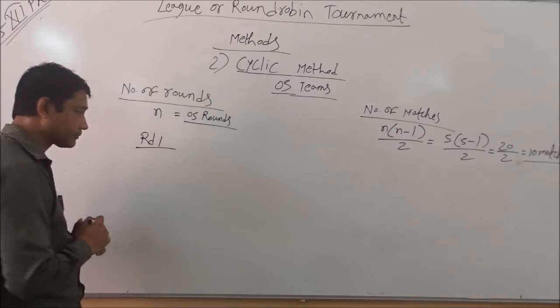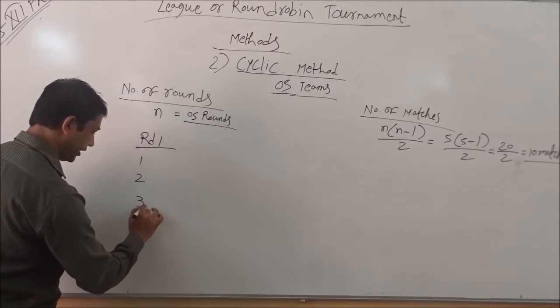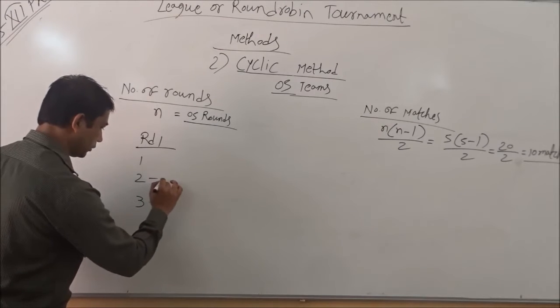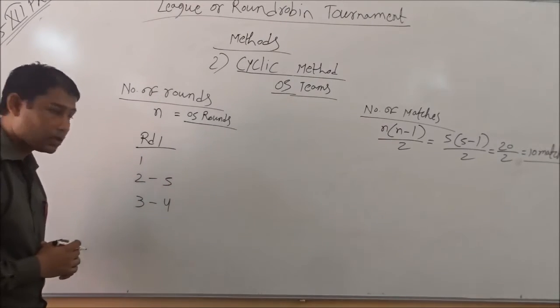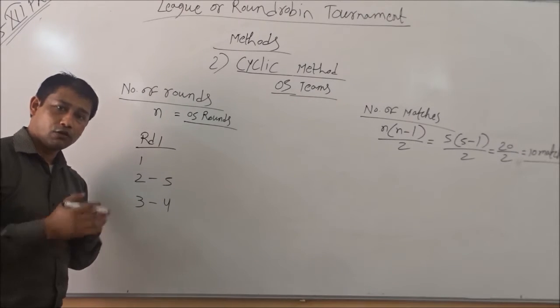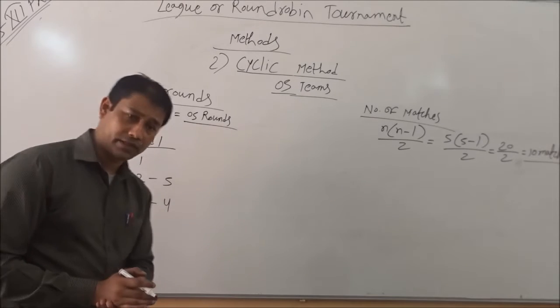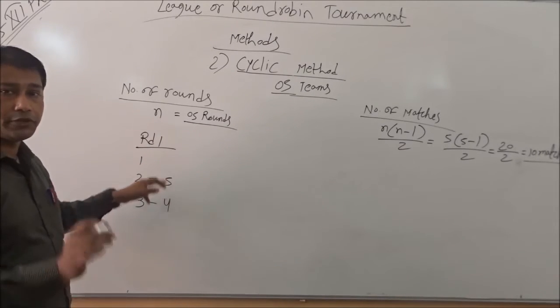Round 1. 1, 2, 3, 4, 5. Now, one slot is vacant. What to do? In case of odd number of teams participating in a league tournament, we need to use bye.